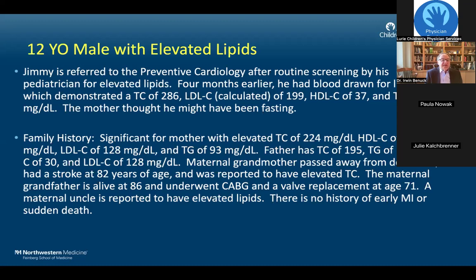Family history is significant. I won't go through every bit of this, but there is family history of high cholesterol and also coronary artery disease with the grandfather. He's still alive at 86, but underwent bypass surgery in his 70s with a valve replacement. There's a maternal uncle reported to have elevated lipids, and there's no history of early MI or sudden death.